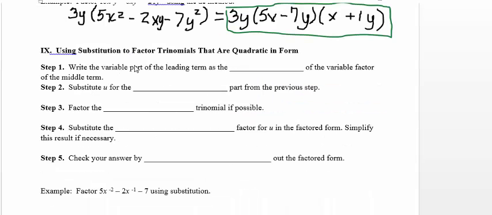All right, we want to be able to use substitution to factor trinomials that are quadratic in form. So we'll write the variable part of the leading term as the square of the variable factor of the middle term. Substitute u for the variable part from the previous step.